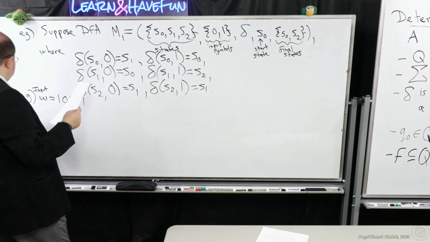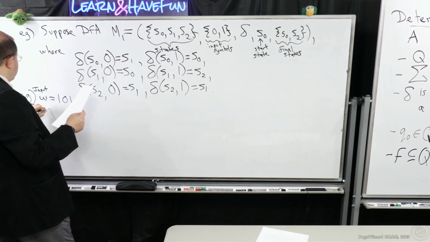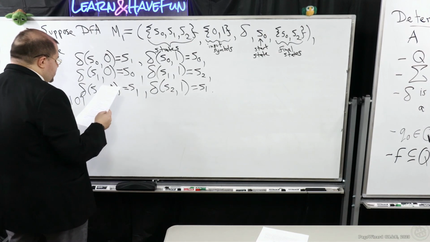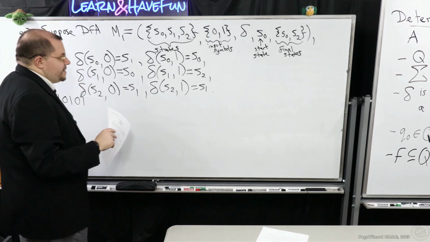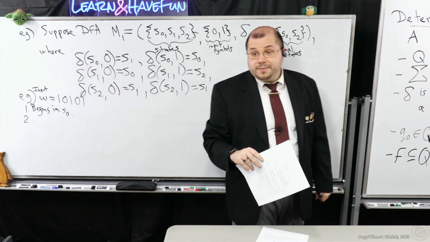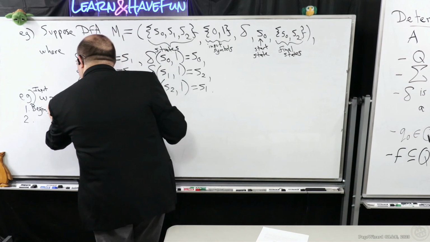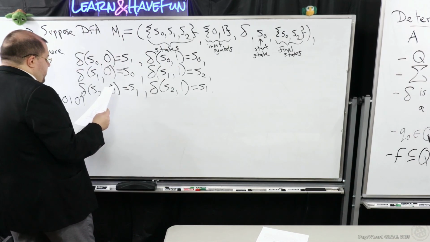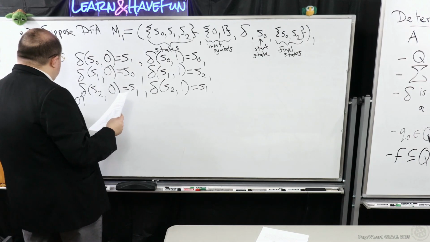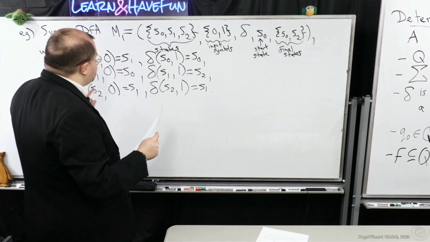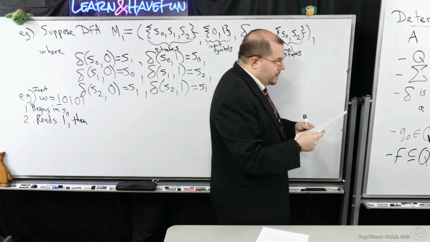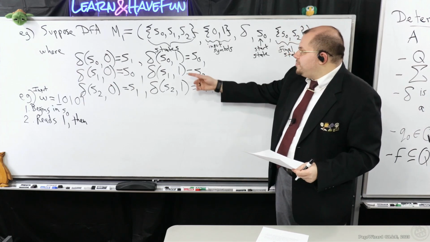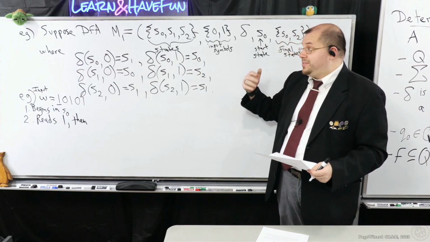So first, it begins in S0. What's the first thing it does? It reads the first symbol, a 1. But if it's in state S0 and it reads a 1, where's it going? What does our transition function say?